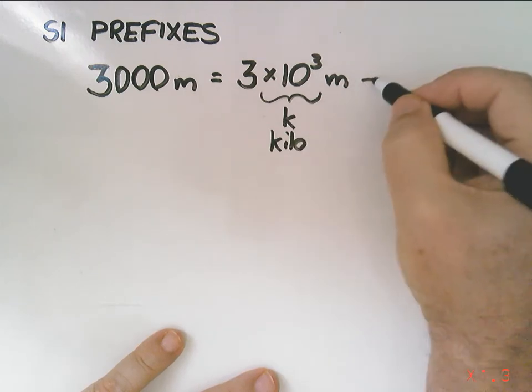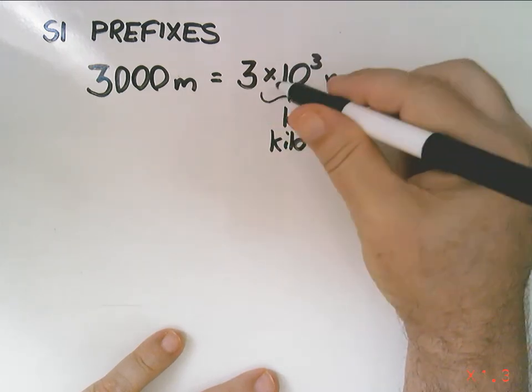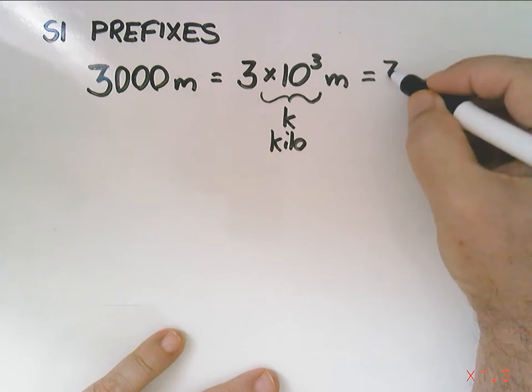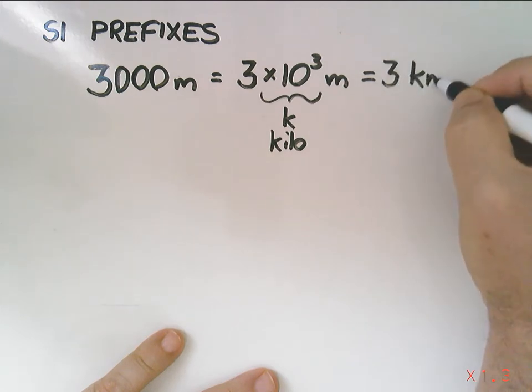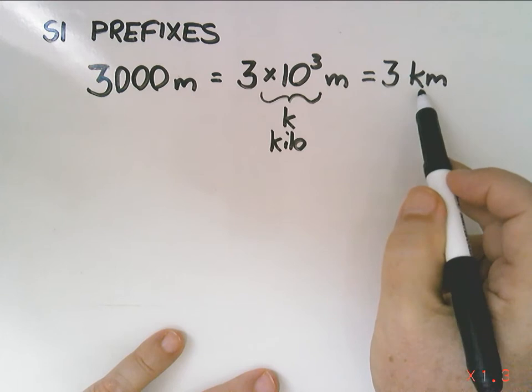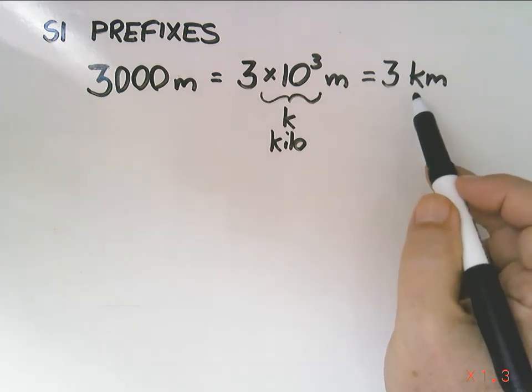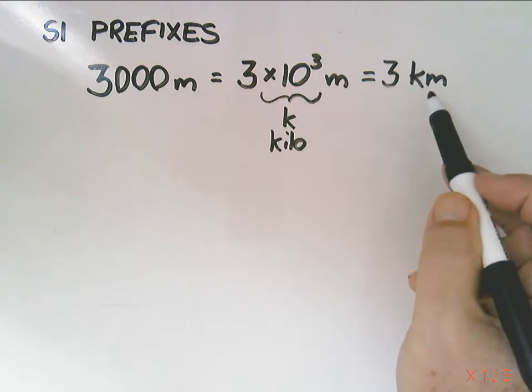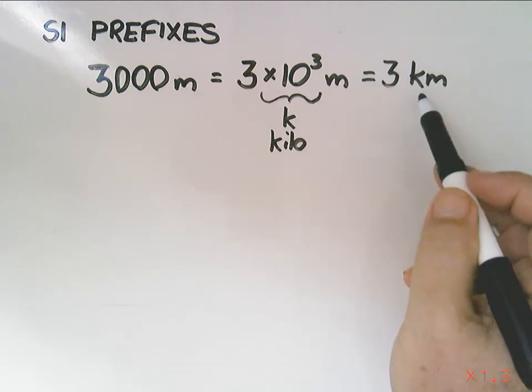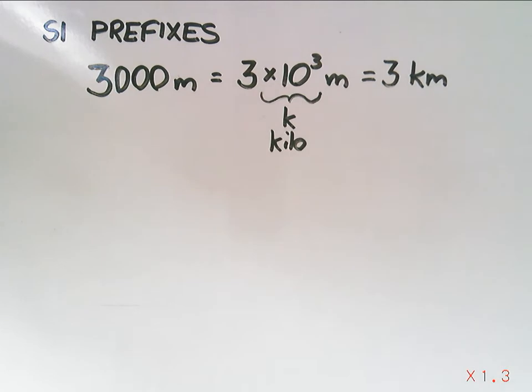So I can write this with the abbreviation replacing this part. 3 kilometers, or if I stress it a little differently so it flows a little bit better, kilometers, 3 kilometers. So that k is just an abbreviation for times 10 to the 3.